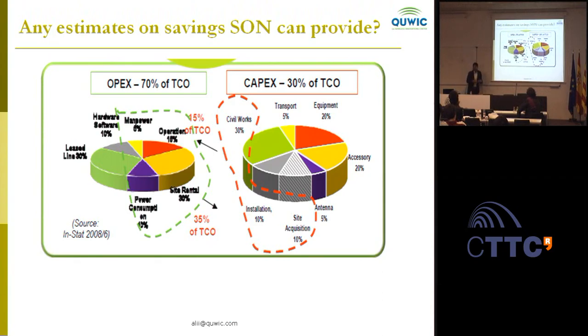You think that you have to invest in the beginning, but for a cellular system, 70% of the cost is OPEX and 30% is just CAPEX. This report is the courtesy of one of my friends, by the way. Anyways, the figures tell us that we would be able to save almost 35% in OPEX and 15% in CAPEX.